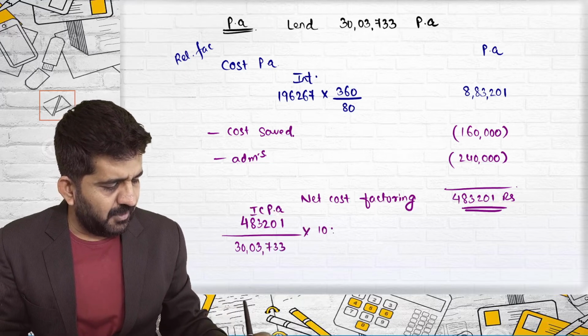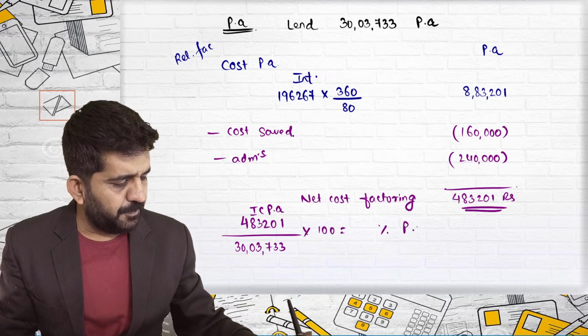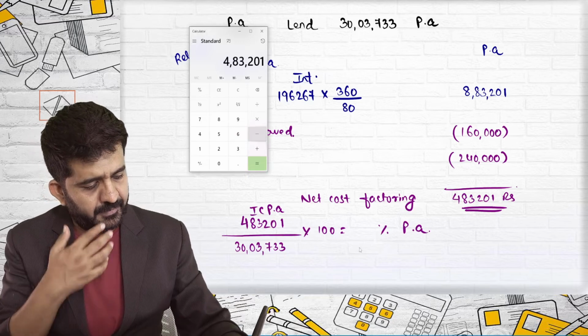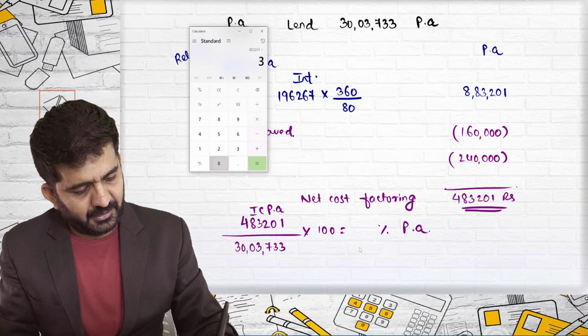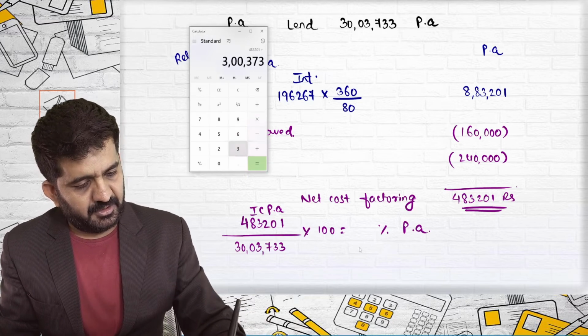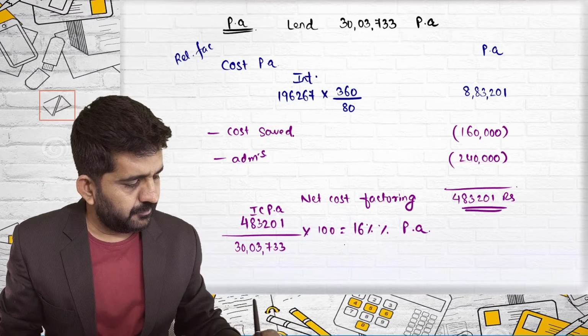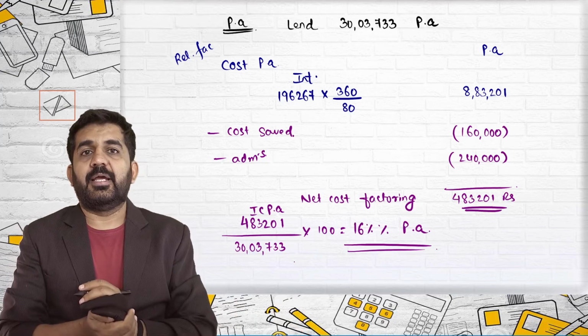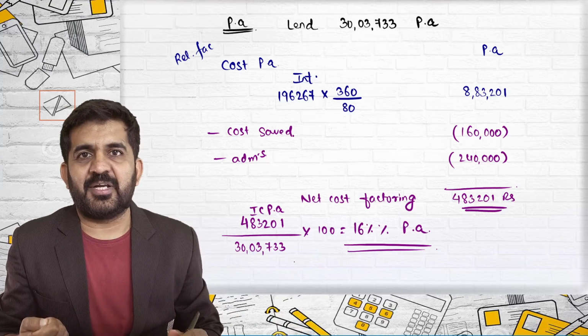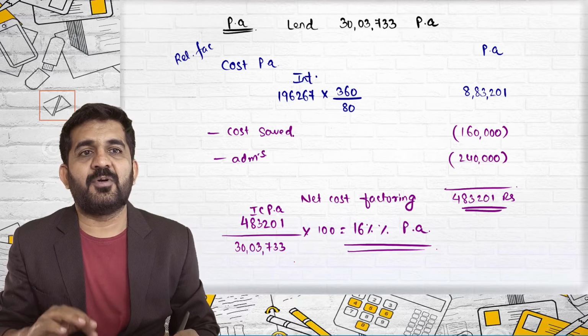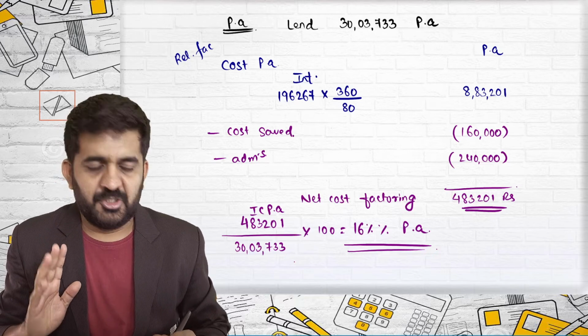So my answer will be in percentage per annum, which is 483,201 divided by 30,03,733, which is 16% per annum. What is this 16% per annum cost? It is the interest cost plus the cost of covering my bad debt and administration.